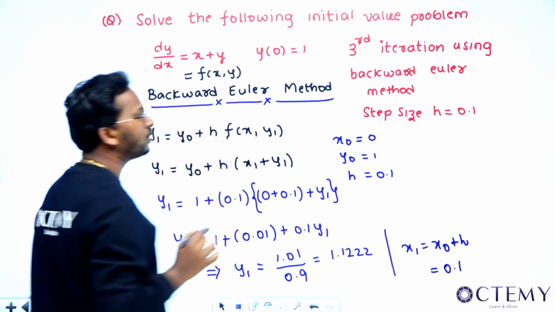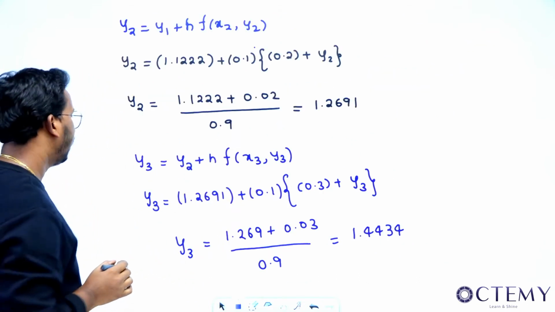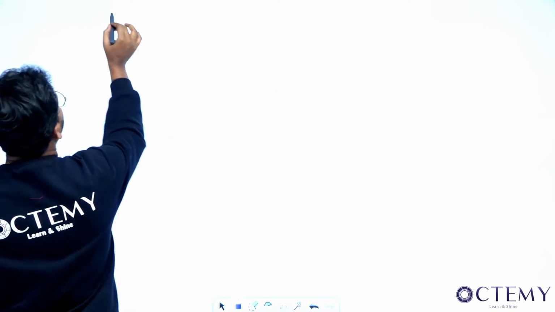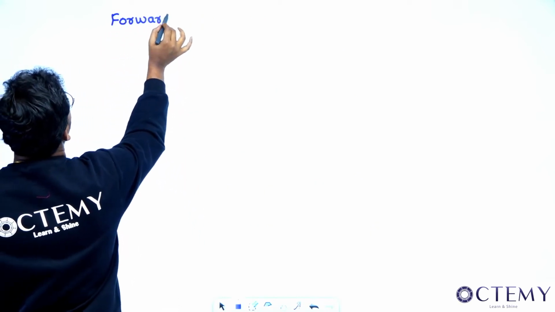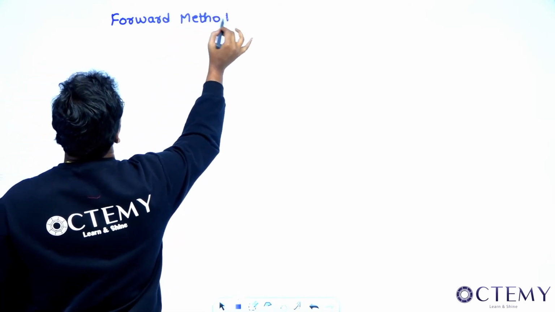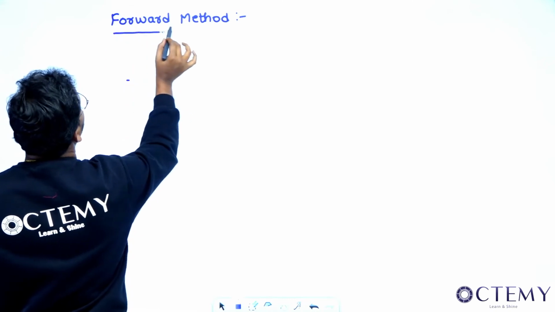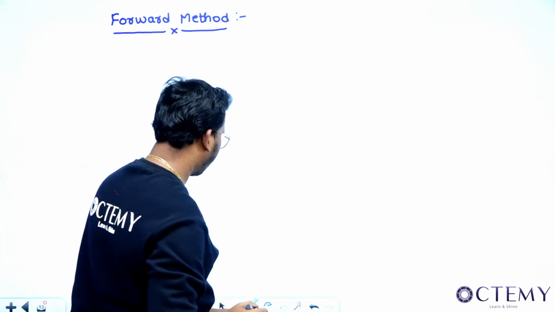Say for the same question I wanted to apply forward method, and till third iteration we will see what will happen. Forward Euler's method we will apply. For that, what are the initial conditions, sir? Same problem we are going to take here.